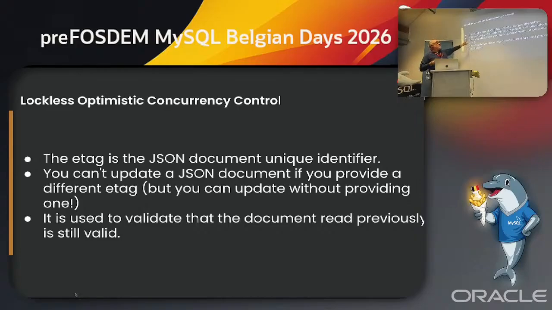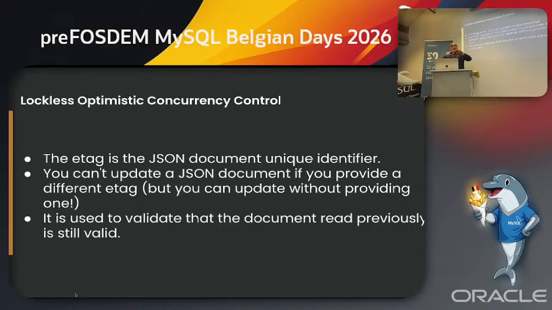So you can't update a JSON document if you provide a different E-tag. The idea is, I check the shopping carts, and my shopping cart has the e-tag 1. Simplify. If I want to update the shopping cart, I will say, I want to update the shopping cart with e-tag 1.